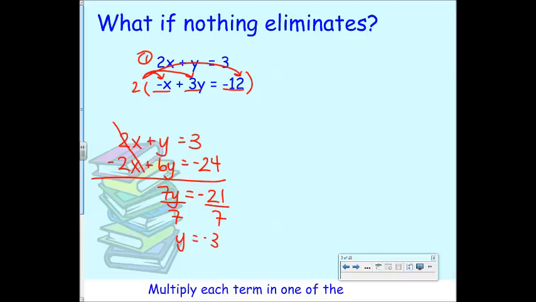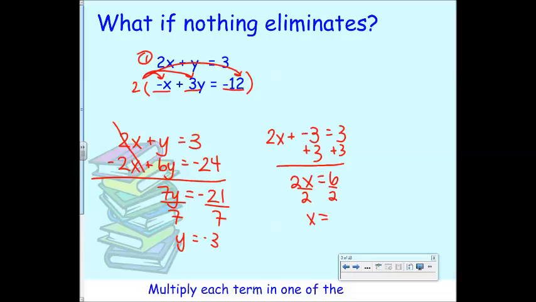I'm going to do it to the first one because those numbers are smaller. So 2x plus negative 3 equals 3. I'm going to add 3 to both sides, and you get 2x equals 6. And so that ends up being x equals 3. So my answer then would be 3, negative 3.